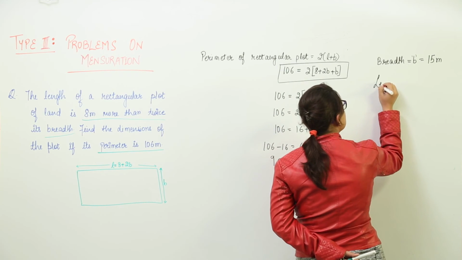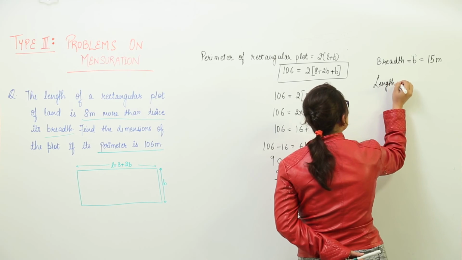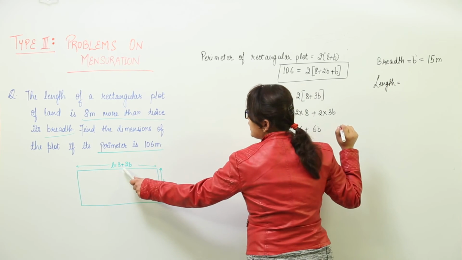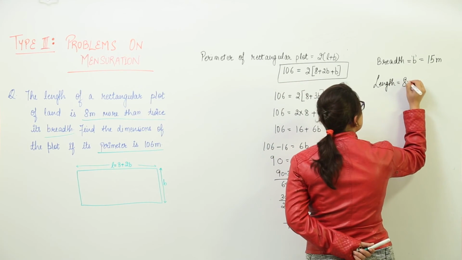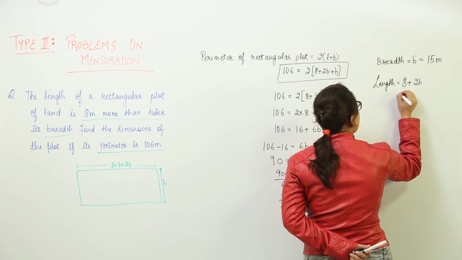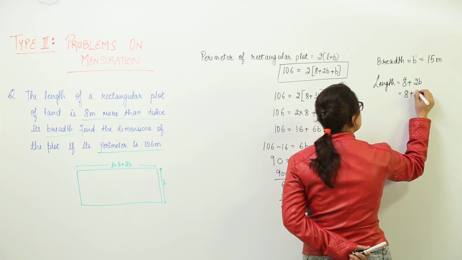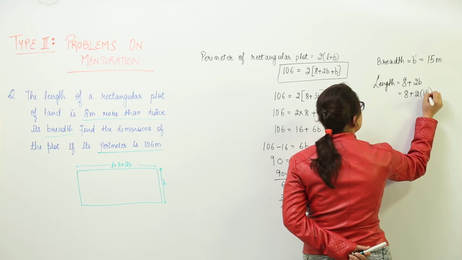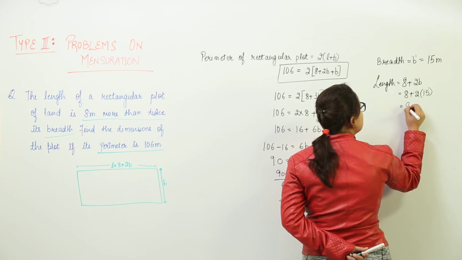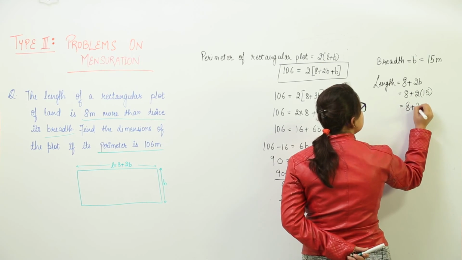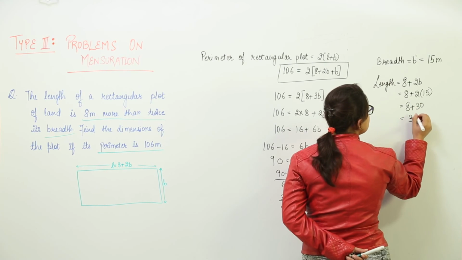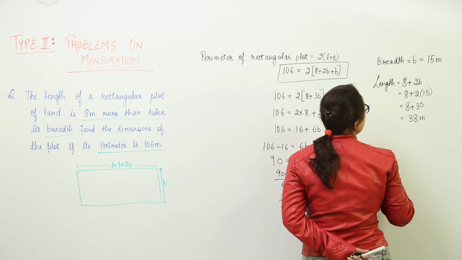The length would be equal to, as we had assumed, 8 plus 2B. So we will write this down and put the value of B in this. So we get 8 plus 2 into 15, that makes 8 plus 30, and the length comes out to be 38 meters.